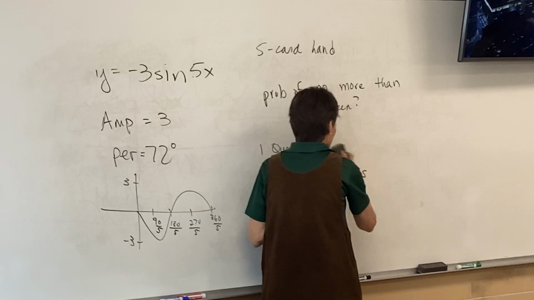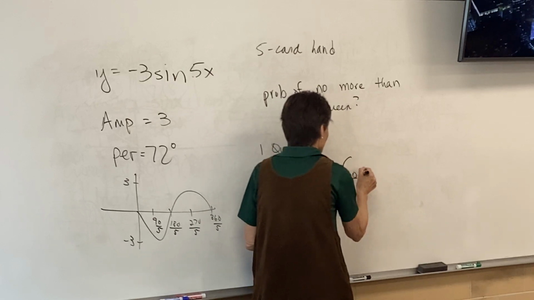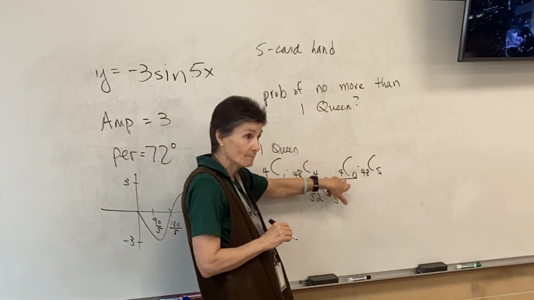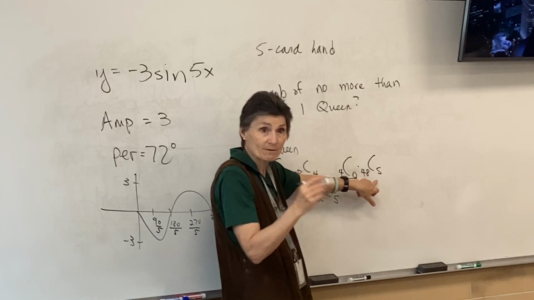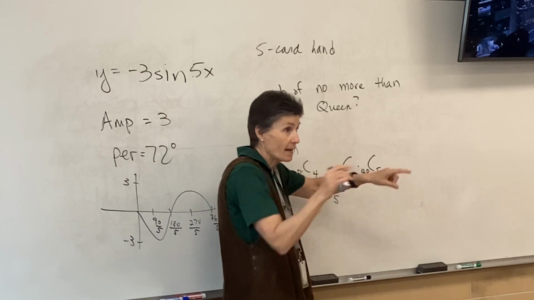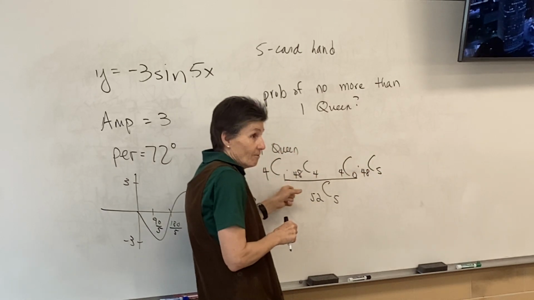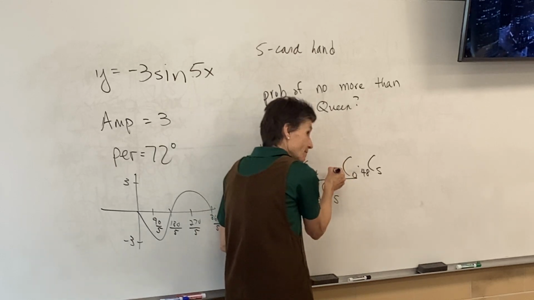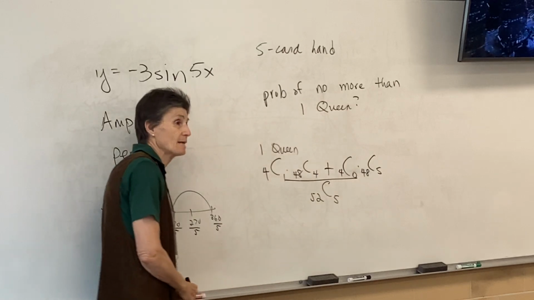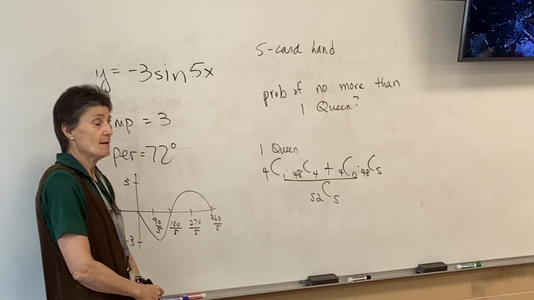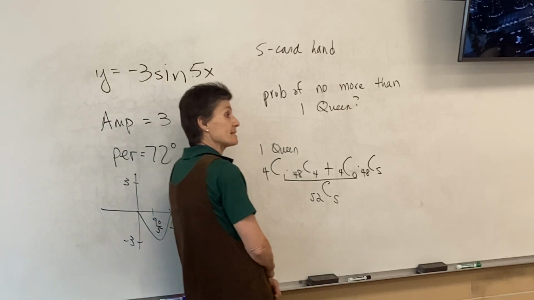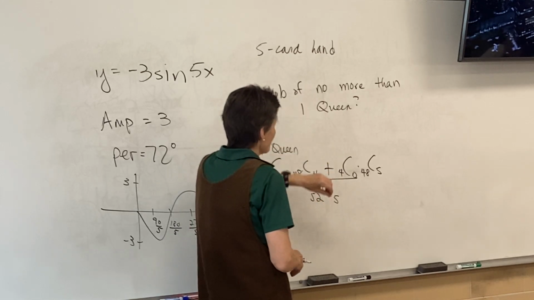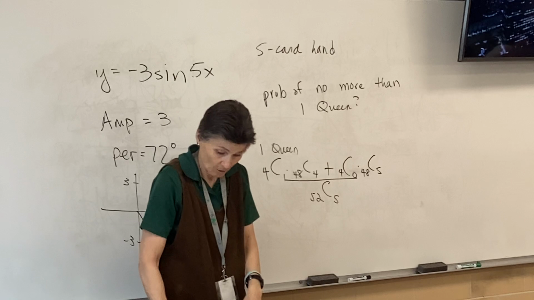Technically, if you wanted to put in 4C0 and then 48C5, that means you want 0 queens and 5 non-queens. And it's 1 queen or no queens, which means what goes right here? Addition. Yep, exactly right. If the problem had said, what's the probability of getting exactly 1 queen, then it would just be this part right here. Exactly 1. But since it said more than 1, we had to consider none also.